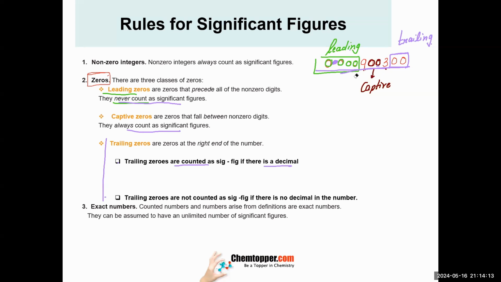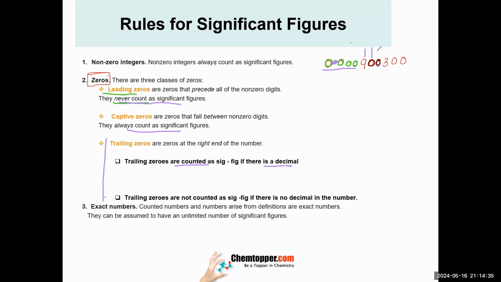So can you tell me how many significant figures are here in this number? Trailing zeros are counted here because there is a decimal. Leading zeros not counted. 9 is a non-zero, counted.